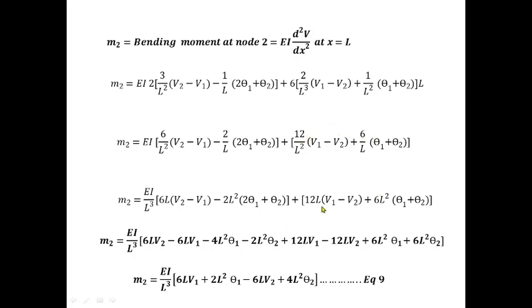If you check, the respective positions have changed. Similarly multiply inside, and we need only v1, theta 1, v2, theta 2. If you see here, 6L v2 minus 12L v2, you will end up with minus 6L v2, because 12 is greater than 6, so minus 6. Similarly you will find the other terms also.